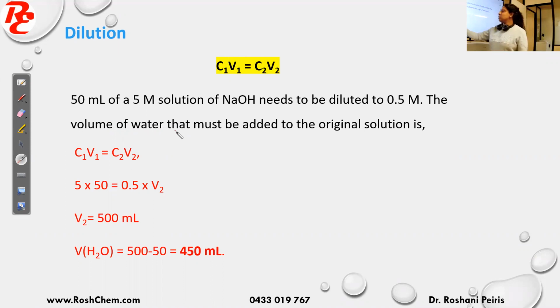After that, your final solution is 500 mL. Then how much water did you add? The final volume is 500. Initially you had 50 mL. Therefore, water is 450 mL. So you have added 450 mL of water. So this is how we do a dilution question. So remember to use C1V1 equals C2V2.